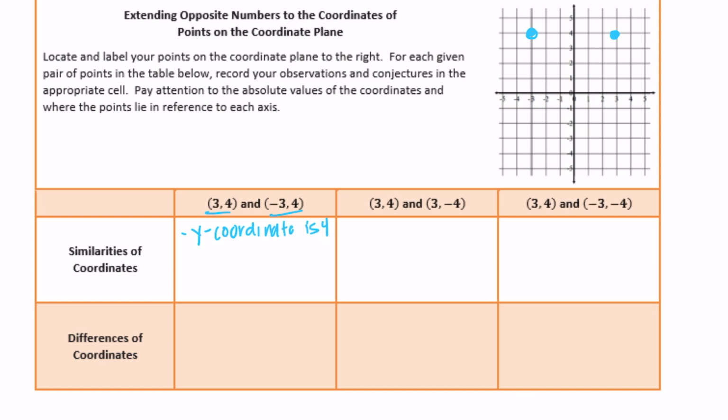And their x coordinates, 3 and -3, are opposites, but it wants us to pay attention to the absolute values. So 3 and -3 both have an absolute value of 3, so we can say that their x coordinate absolute value, I'm just going to put AV, is the same.